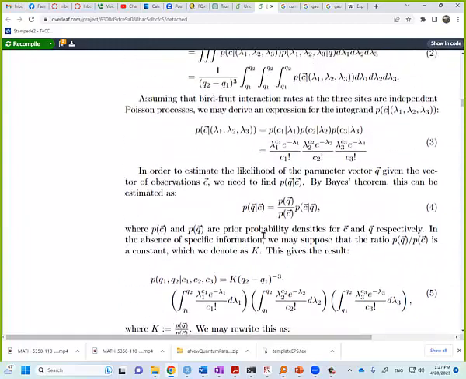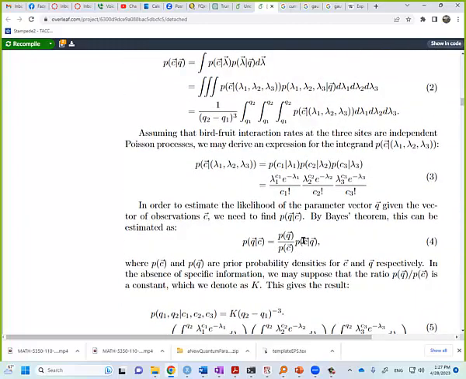In this Bayesian expression, I can compute this, and then for this one I just need to assume that it is a constant. These are what you call prior probabilities. Since I have no information, we just assume that it's a constant. This is the usual way to do things.